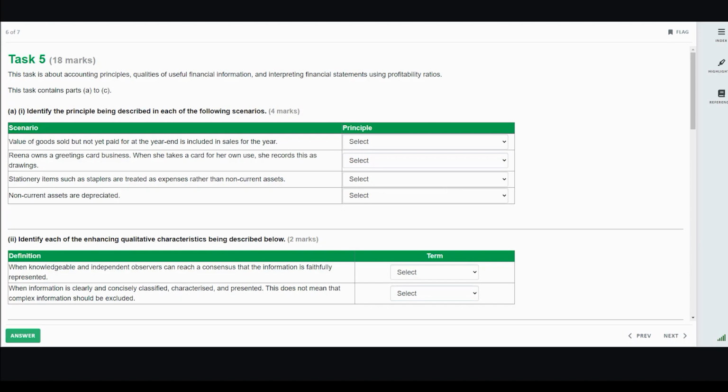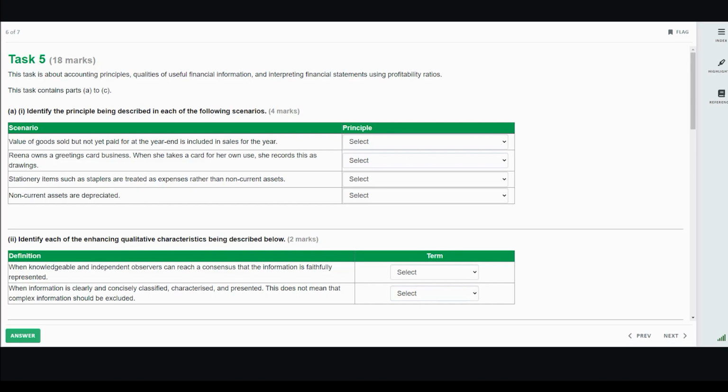So the first one: value of goods sold but not yet paid for at the year end is included in sales for the year. Okay, so remember that when we're doing accounts, we've got to make sure that the revenue and the expenditure is matched in the year that they took place, not the year that they were paid.